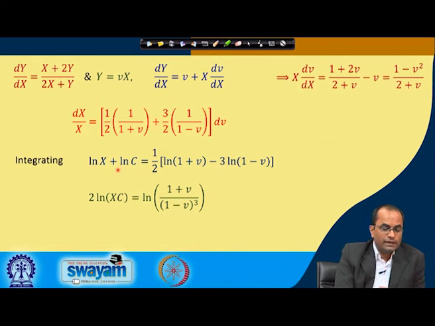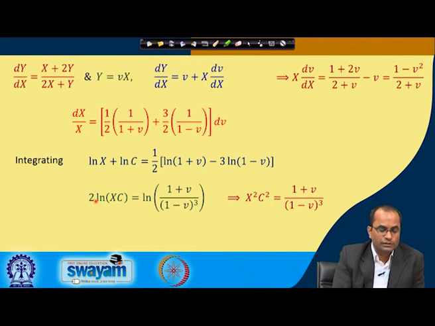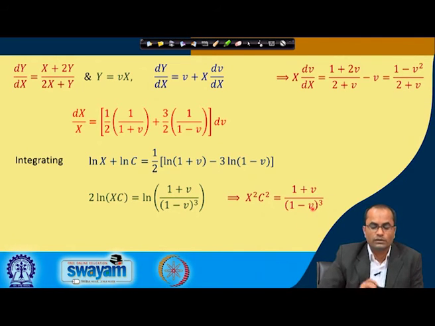So, then we have here 2 times, this 2 will go to there, and this ln cx is equal to ln 1 plus v over 1 minus v cube, and from here we will get x square c square is equal to 1 plus v over 1 minus v whole cube.